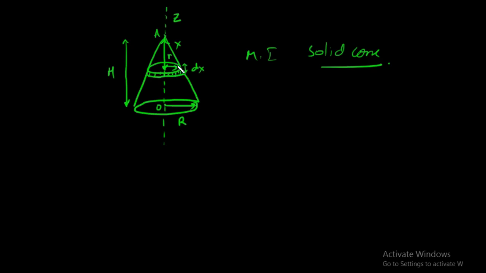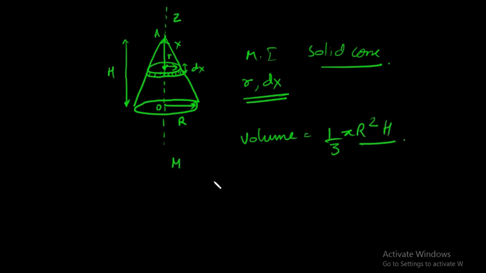This is a disk and it has a radius small r and a width dx. Now the only constant quantities in this cone are volume and mass. Volume of the cone is 1 by 3 pi R square times h and mass is M. So I can take the density of the cone as constant, M divided by 1 by 3 pi R square h, which is 3M by pi R square h.